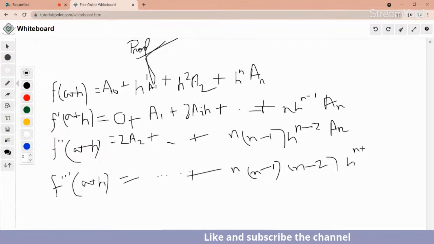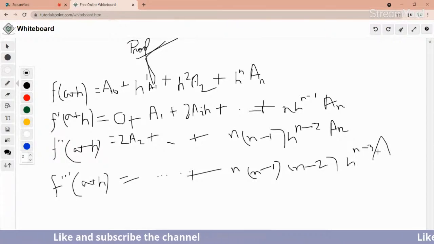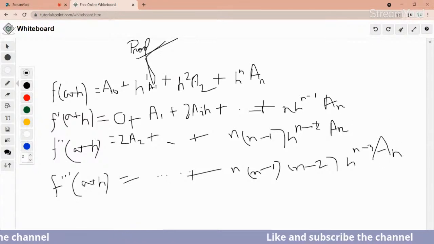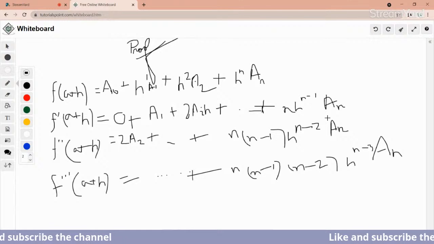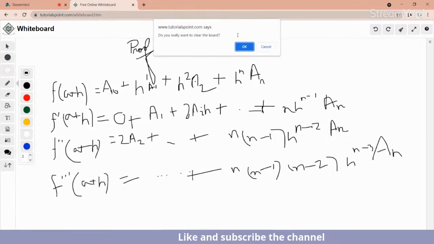N minus 3 this time, and a n. This will also change, a n minus 1, this will be n minus 2 and all. So anyways, let it change. So what to do now? Just remember this equation and you can take a screenshot of it, and let's go to the next step.